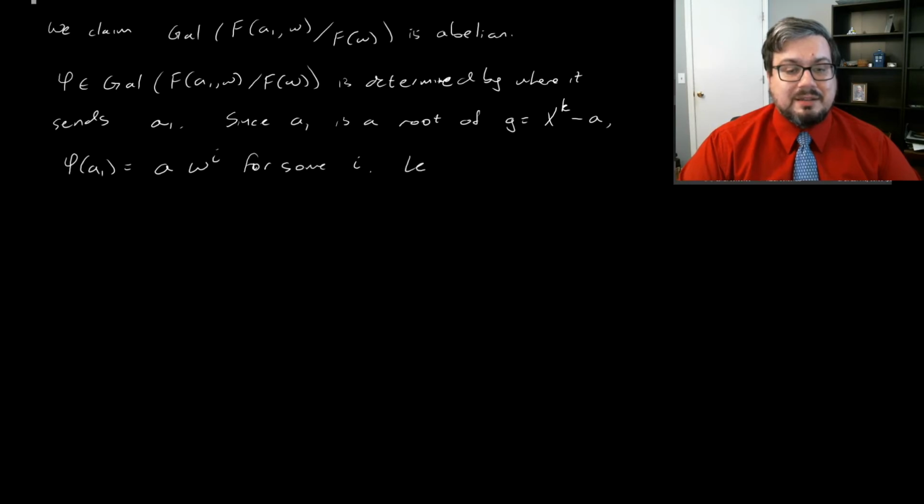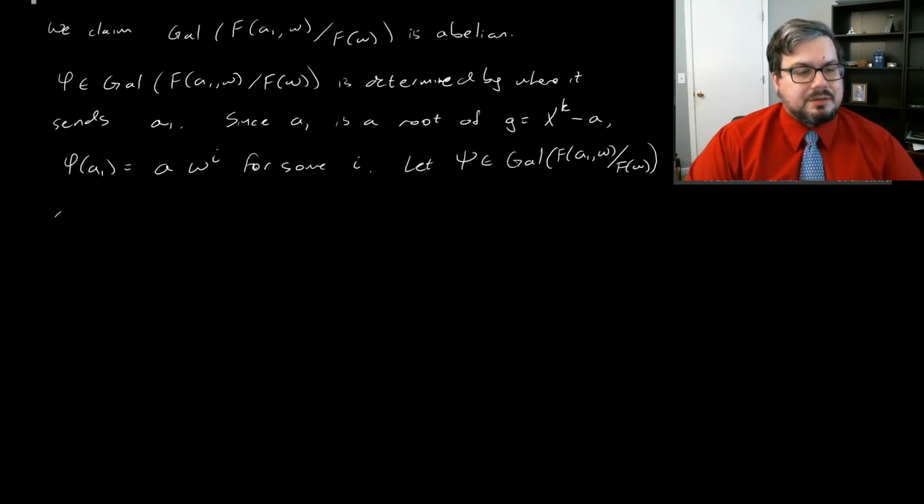So similarly, let psi be another element of this Galois group, of F of a1 omega over F of omega, sending psi of a1 to a1 omega to the j.